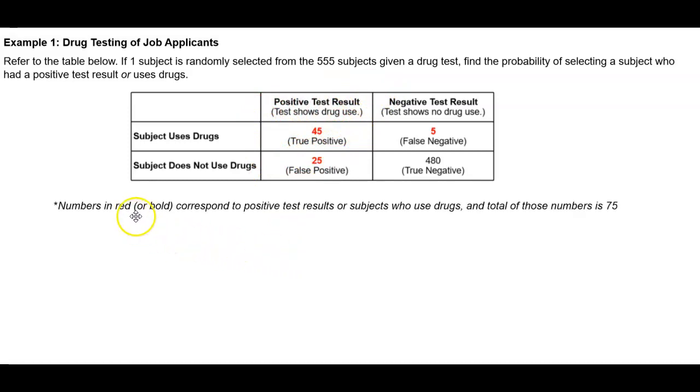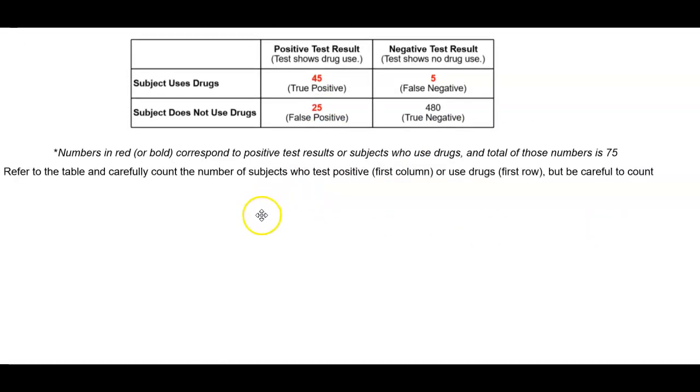Now, the numbers in red or bold correspond to positive test results or subjects who use drugs, and the total of those numbers is 75. So if we add up 45 plus 25, which is 70, plus 5, that gives us 75.